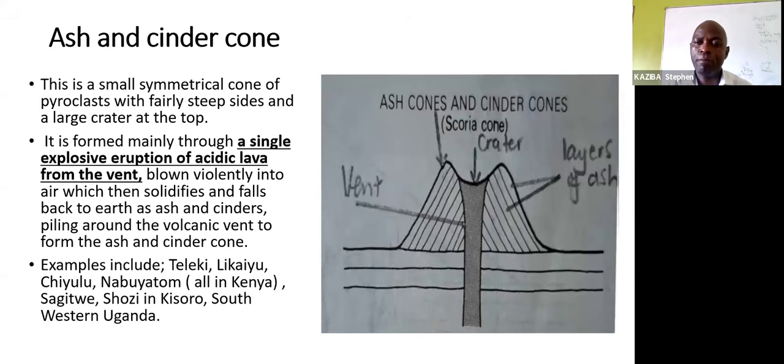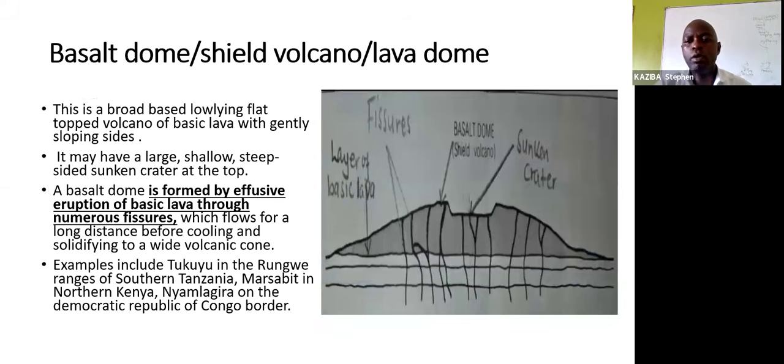So you give us examples. You have Teleki, Lakiu, Chiuru, etc. Then illustrate. So as they are marking, you identify, you describe, explain how it was formed, give examples, illustrate. Then we go to the next one, which is a basalt dome.